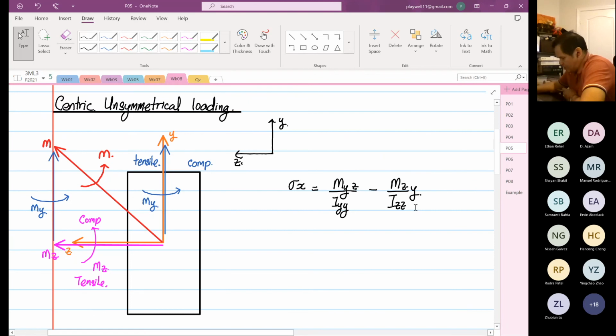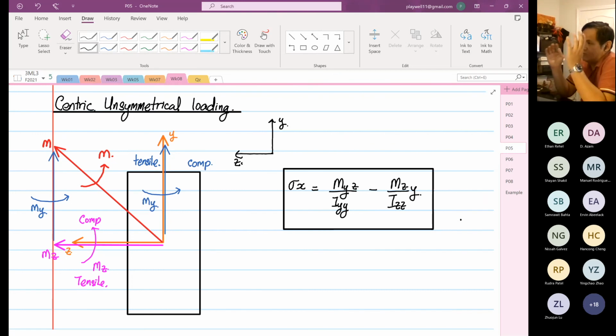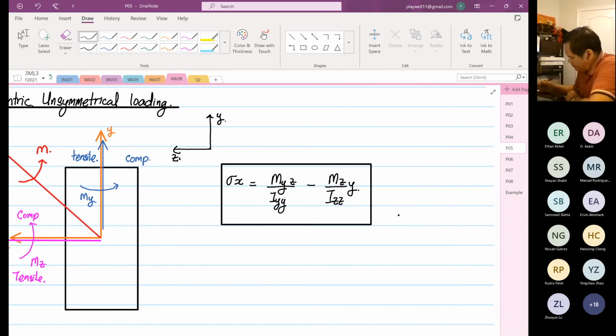A key thing to take note of: don't worry about plus or minus. Your plus or minus is given to you based on your moment vector already. You already know what is tensile and compression, so do not worry about the sign.